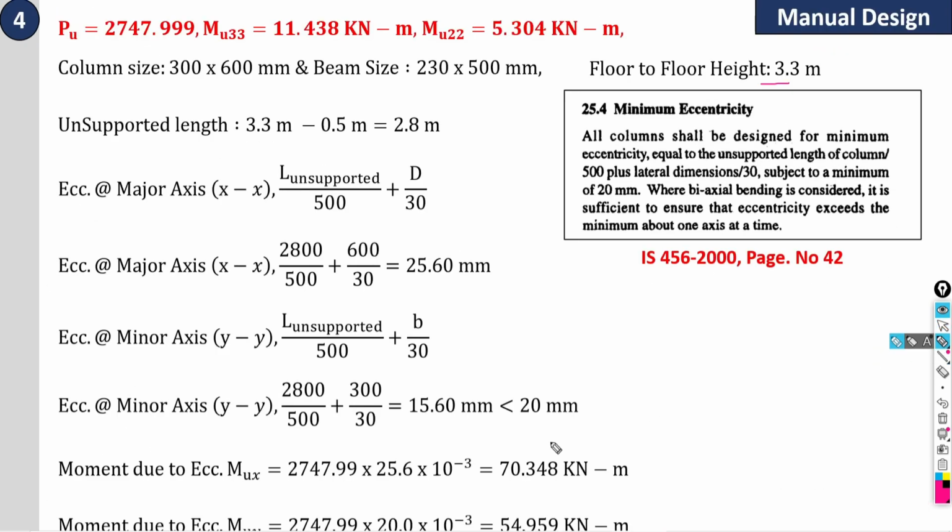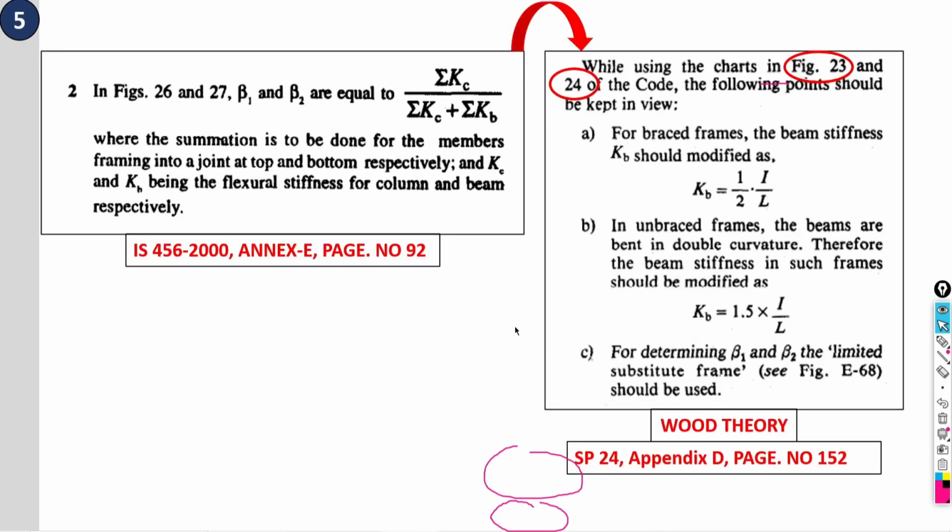See, 70 due to minimum eccentricity, and 54.959. So those two values are there.